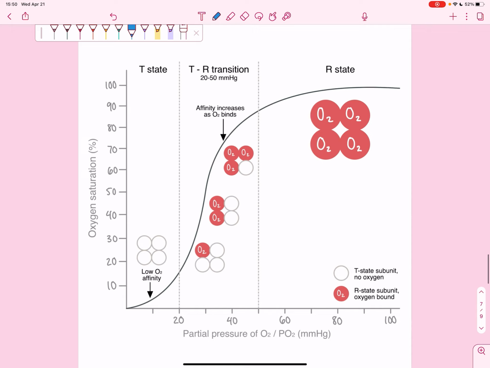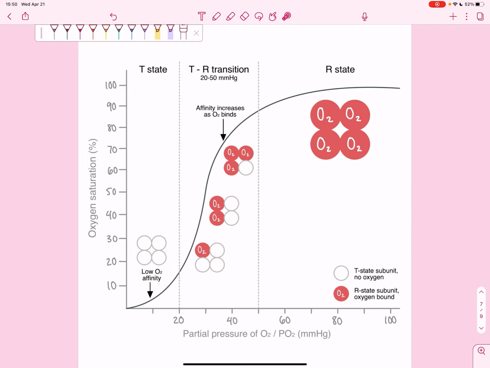Here we have my example of the curve. So here's what I guess you would see. I have this hemoglobin, and it has these 4 heme groups, right?